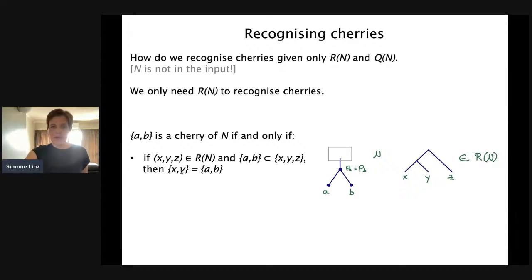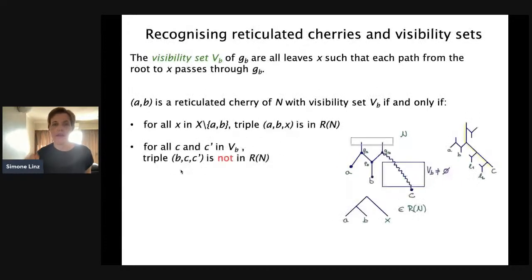As you can imagine, however, it gets more complicated in the reticulated cherry case. So I should say we do not just recognize reticulated cherries, but we also want to recognize the visibility set of that reticulated cherry.